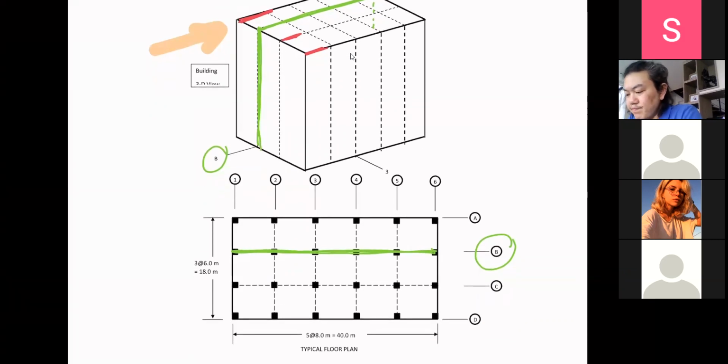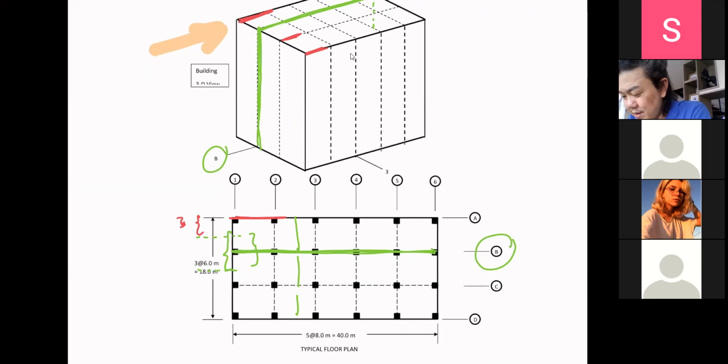Yes, that is correct, because the width that the frame in grid B is responsible for is this one, between the frame in grid A and the frame in grid C. With 3 bays at 6 meters each, this is 6, this is 6, this is 6. That also means the frame in grid A is only responsible for a tributary width of 3 meters, right?